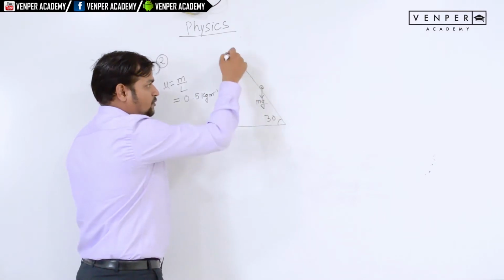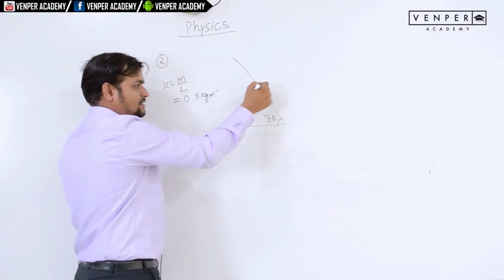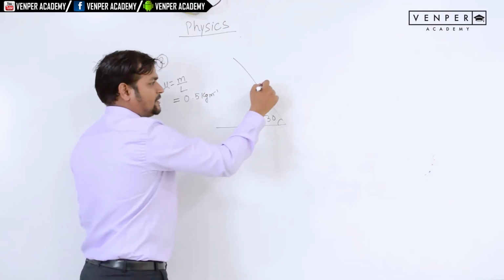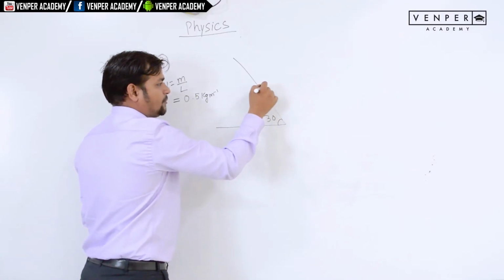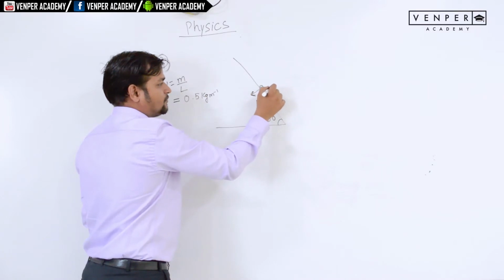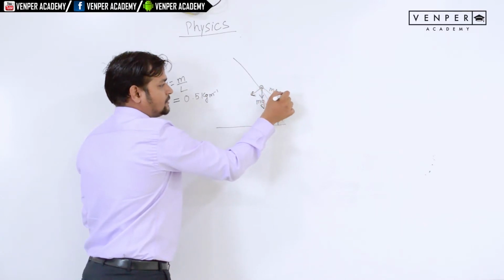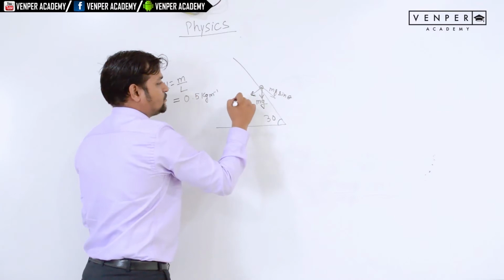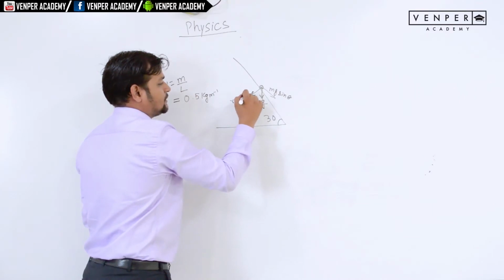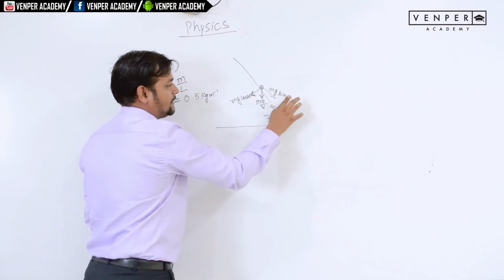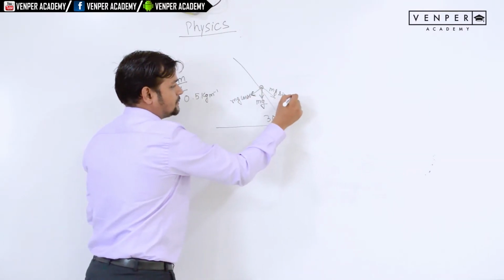Whenever a rod is kept on an inclined plane, this rod will slide down. Why? Because this mg has two components: one is mg sin theta and one is mg cos theta. Here theta is 30 degrees, so I am writing this one as 30 degree and this one also as 30 degree.